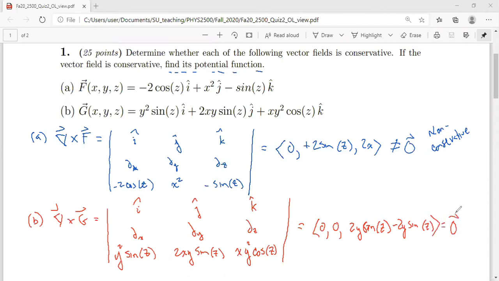So really the second one was a question about how good are you with your signs. And so this, because it vanishes, is conservative. Which means that it has an associated potential function and we will need to find it.